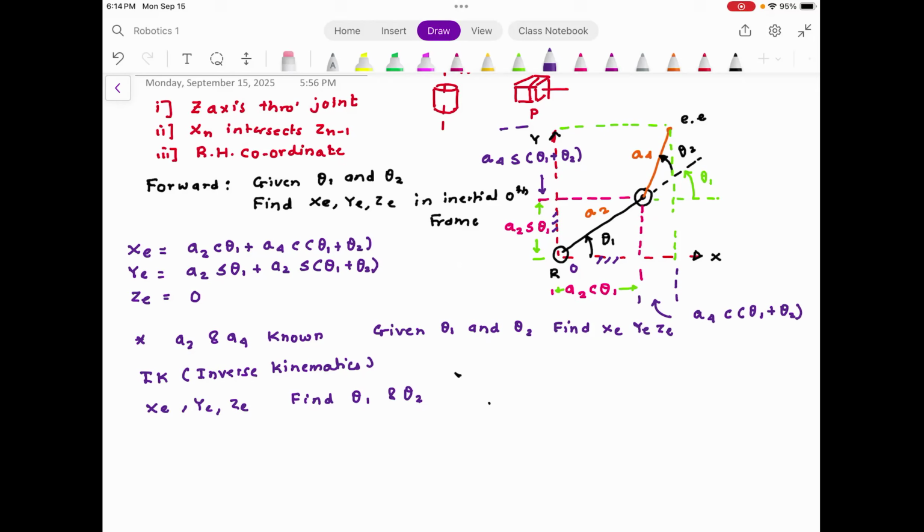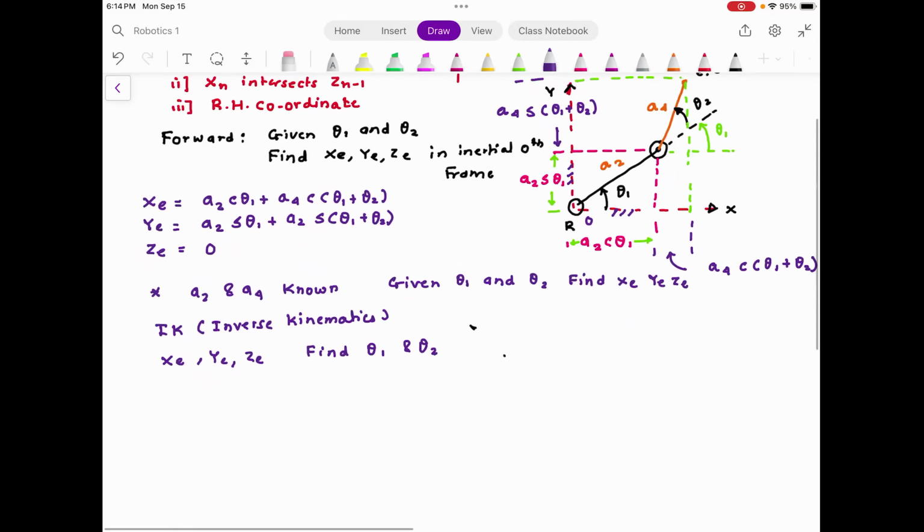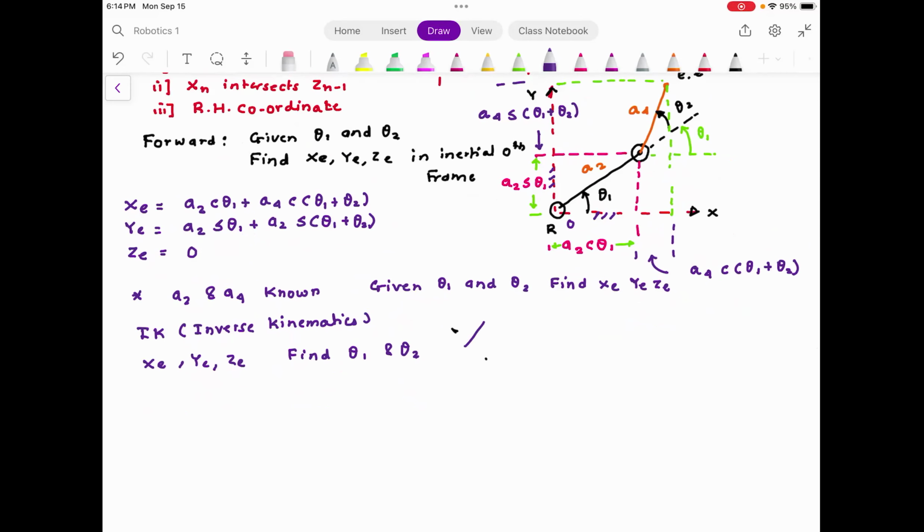Now please understand, inverse kinematics problem can have a solution. It may not have a solution. A simple example is if the point is outside the robot workspace, then there is no solution.